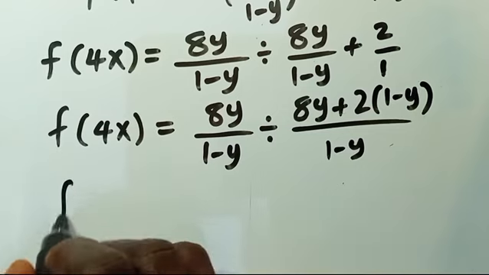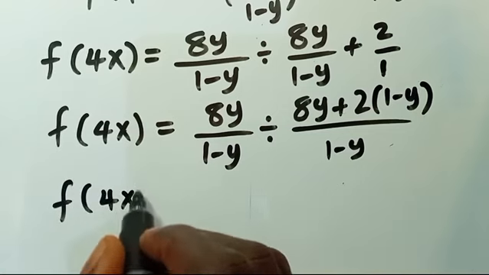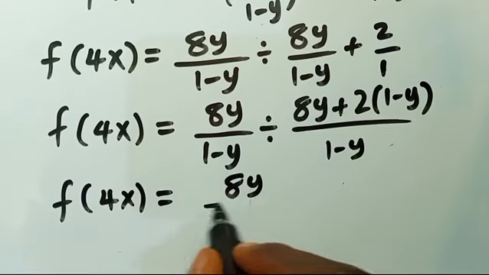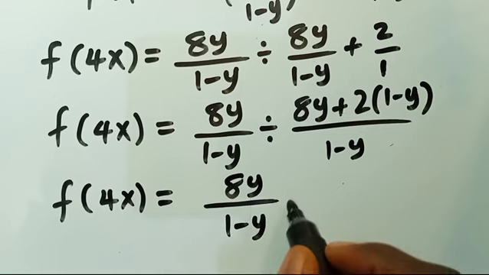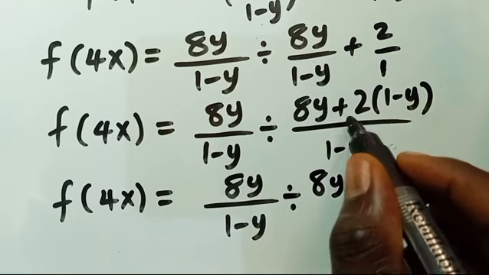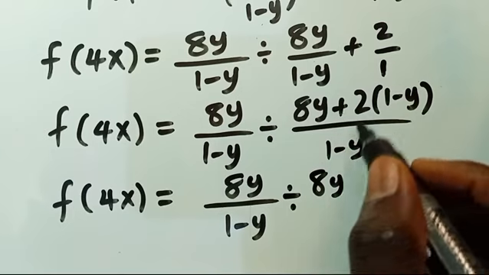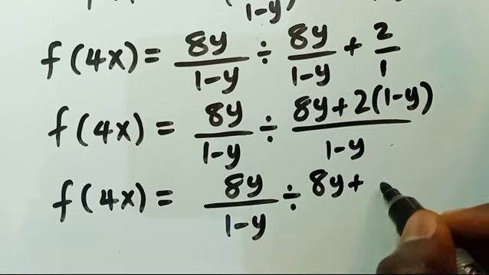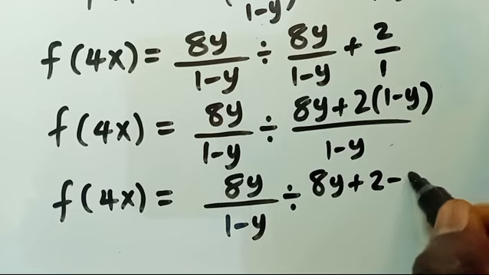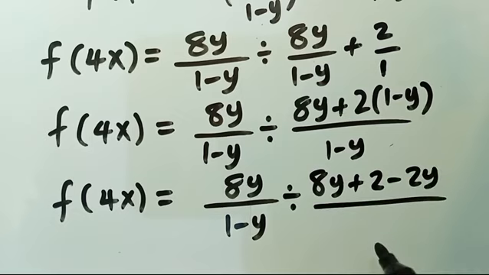So we have our f of 4x to be 8y over 1 minus y divided by 8y. 2 times, let's open parentheses with 2. So here will be plus 2 times 1 will be 2, plus 2 times minus y will be minus 2y over 1 minus y.